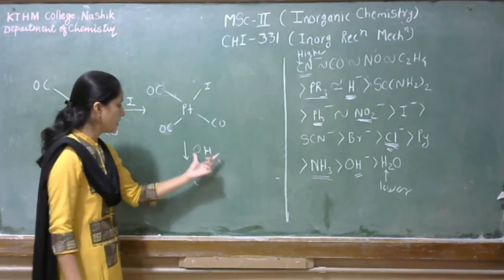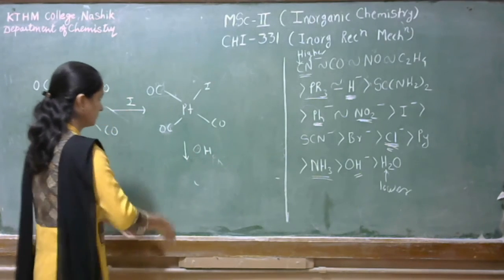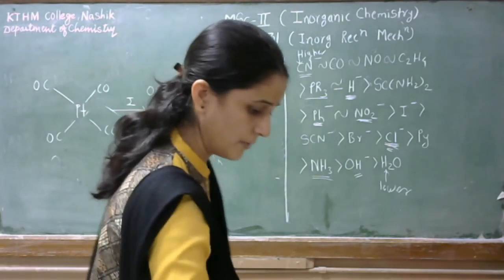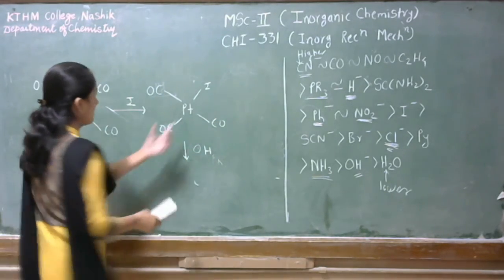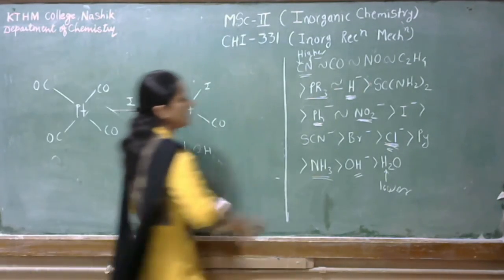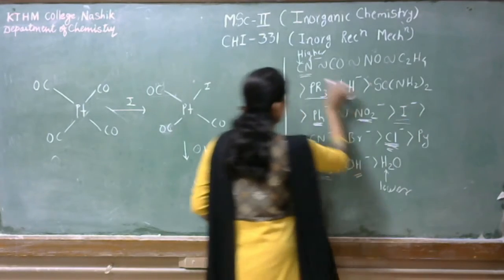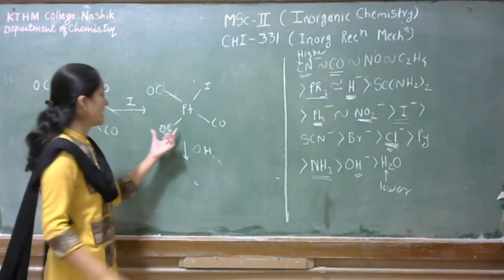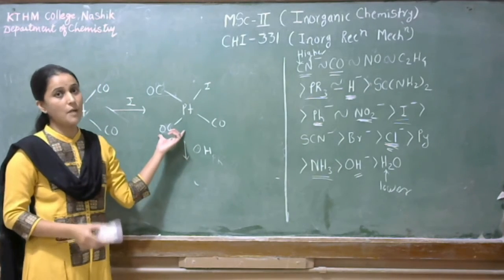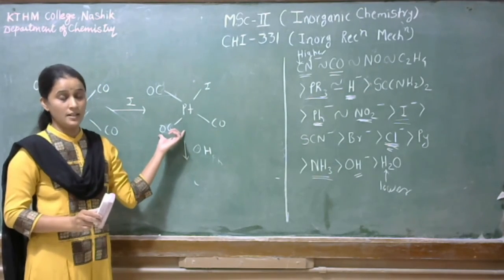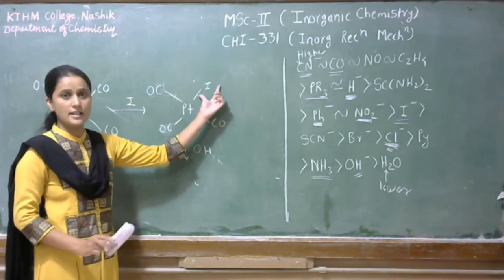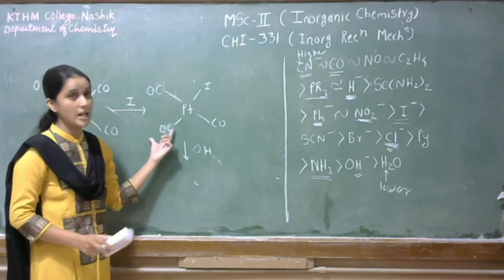After treatment with OH, now let's see the trans-directing power of iodine. This iodine is here and CO is here. Obviously CO has more trans-directing power because of its pi acid nature as compared to I. So I is unable to replace its trans ligand.